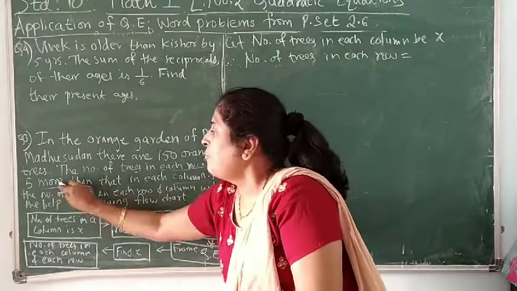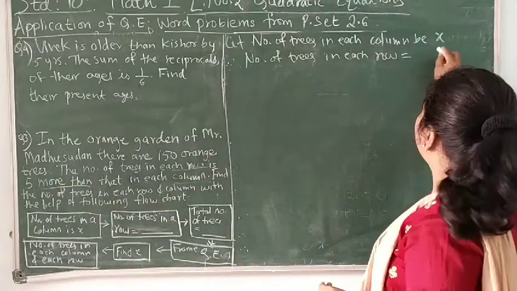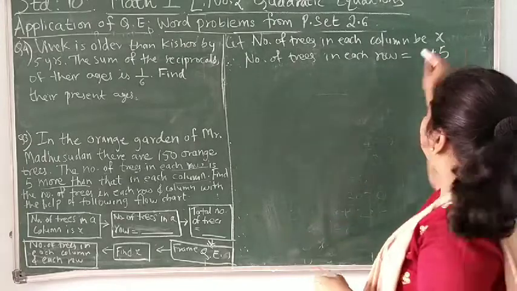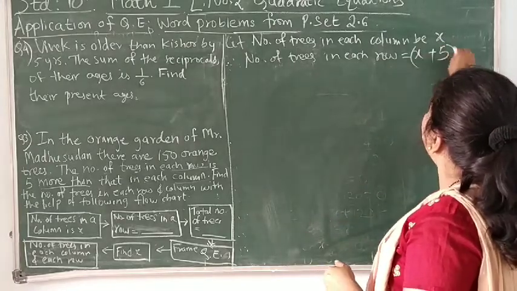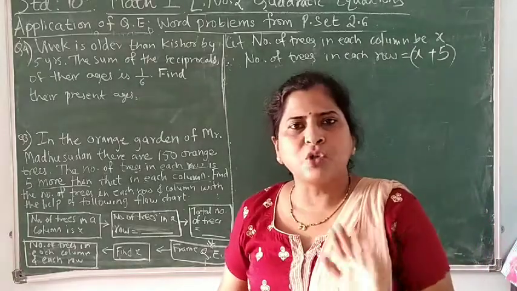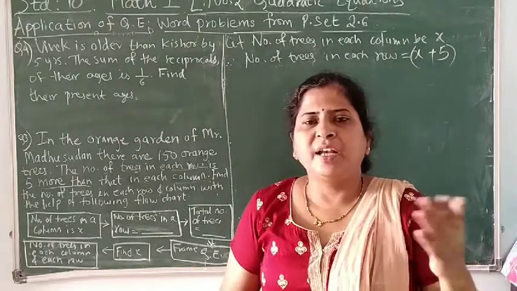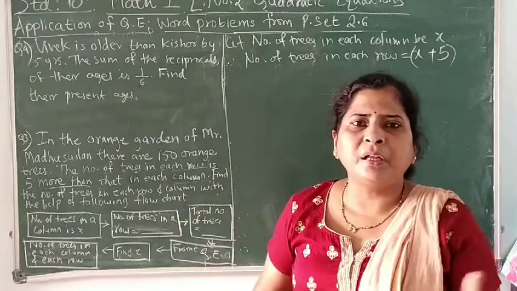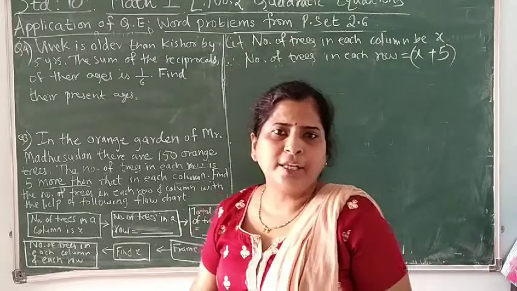It is 5 more, so it is 5 plus the number of trees in a column. As x denotes a number, a unit is not required. For example, when it is age we write years, and when it is length we can write centimeter, meter. But as this is a number, no unit is required.